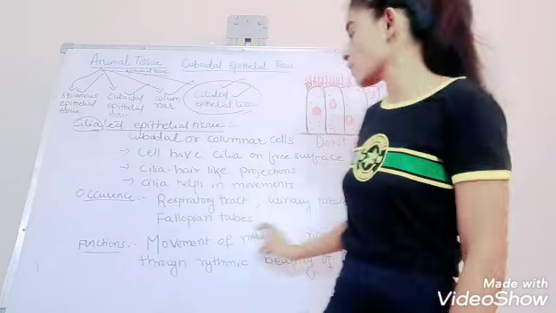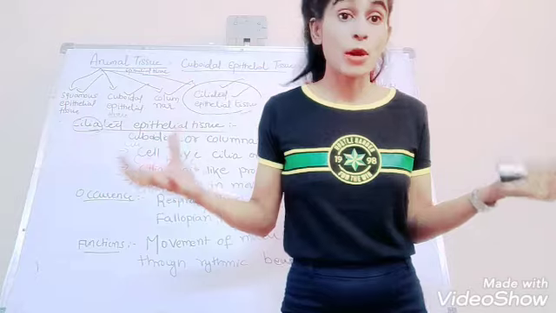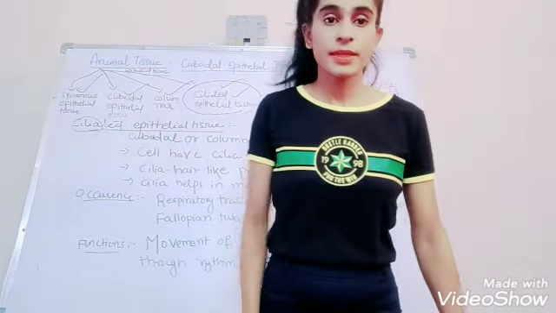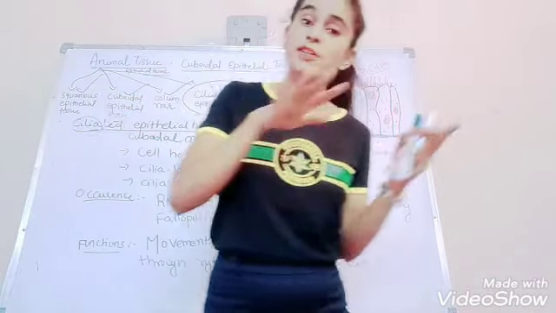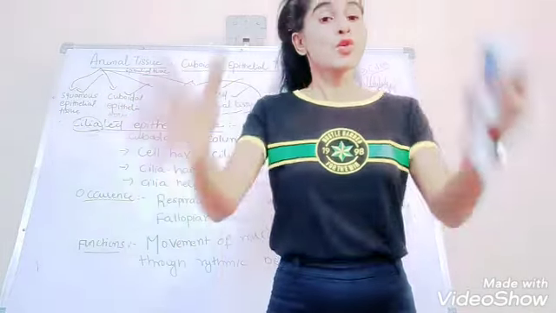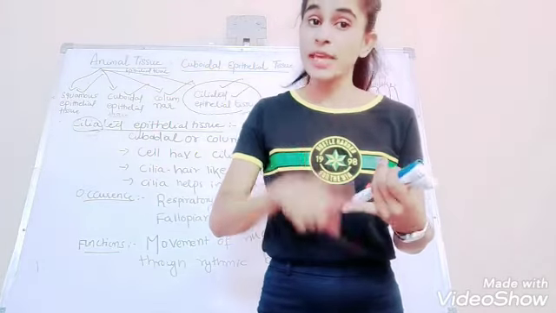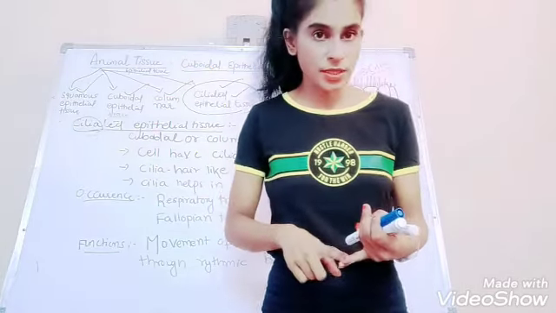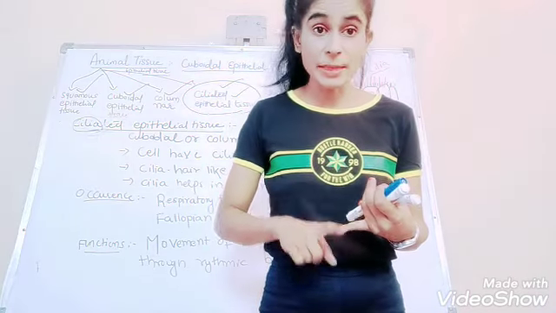And the next one, fallopian tubule. I think it's a new thing for you. What are fallopian tubes? You all know about the male reproductive structure and the female reproductive structure. So the fallopian tubule, first of all, is a part of the female reproductive structure.